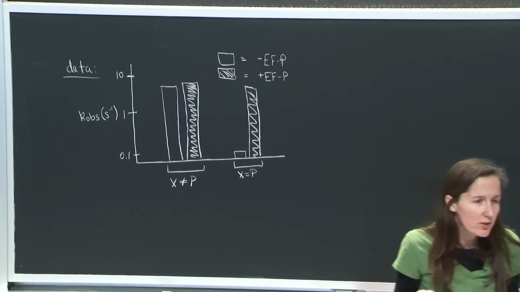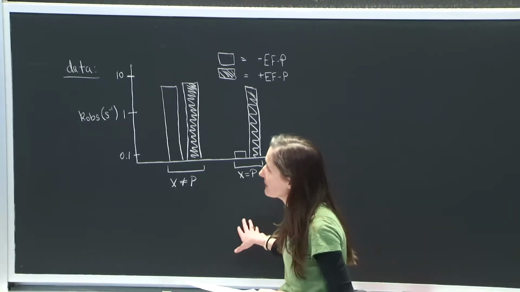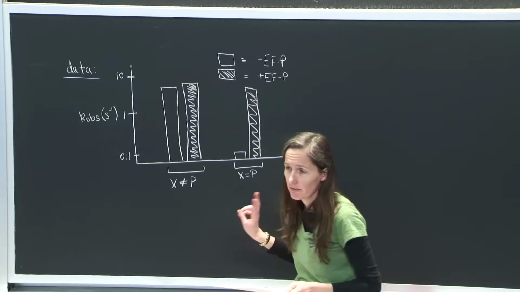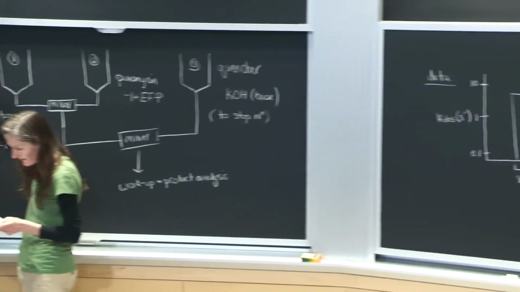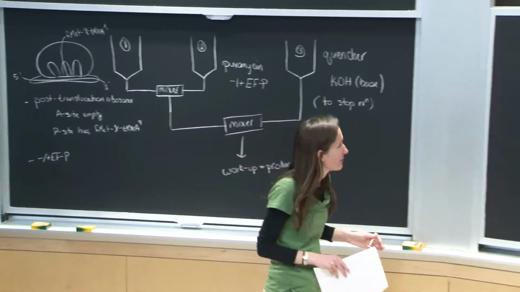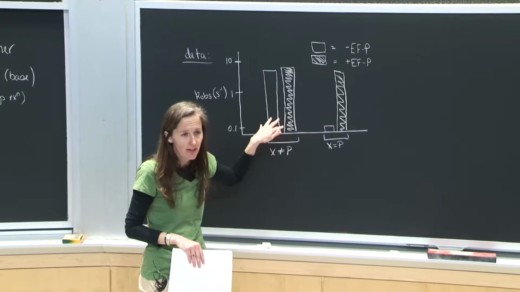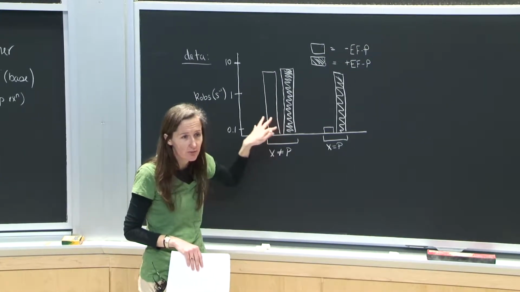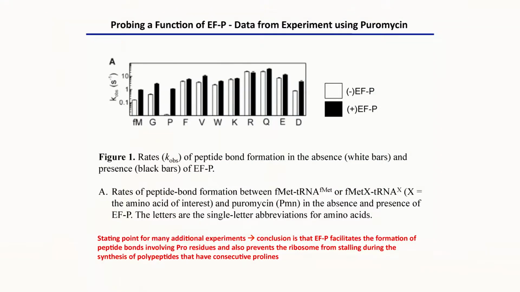So what was observed in these studies, looking at many different amino acids here, was that many of these amino acids showed negligible difference whether or not EFP was included in the reaction. And we can look at that data in more detail from the paper on the slide.